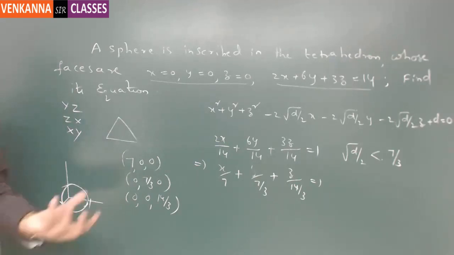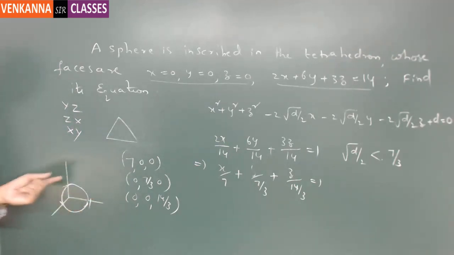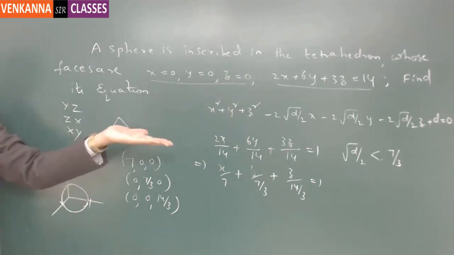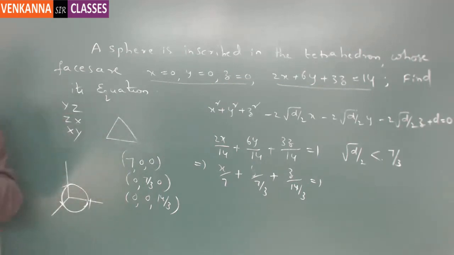Because in order to fit the sphere inside the intercepts, because the fourth plane is making intercepts with the axes at the bottom. So if you are able to determine the d value, then you are done. Okay? Any questions for anybody up to this part? Please take a note of that.